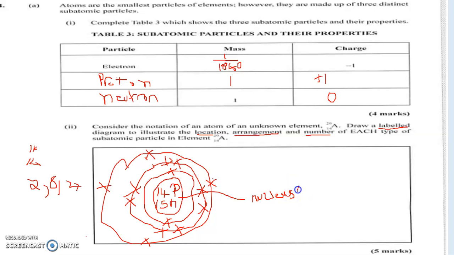And in brackets we can just put protons and neutrons. Here we have these X's representing our electrons.